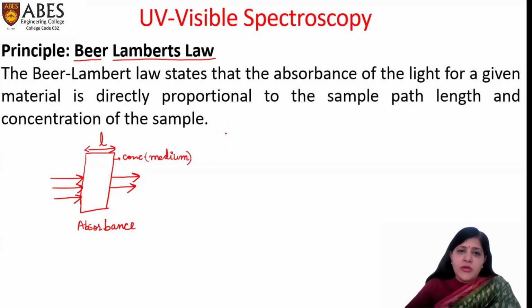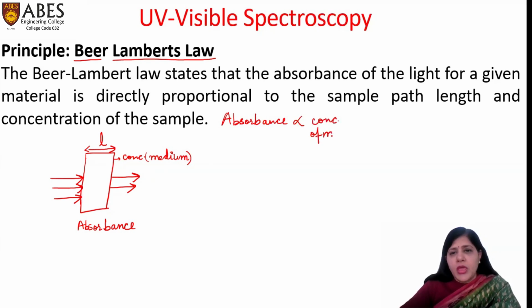So, Beer-Lambert's law says absorbance is directly proportional to the concentration of the medium, and it depends on the path length, which is the distance traveled by light.